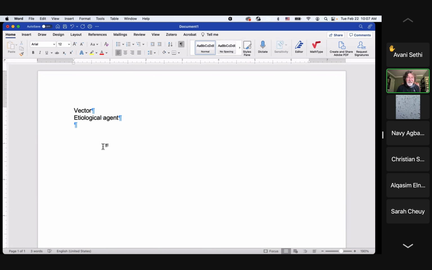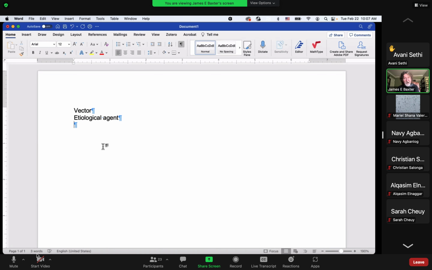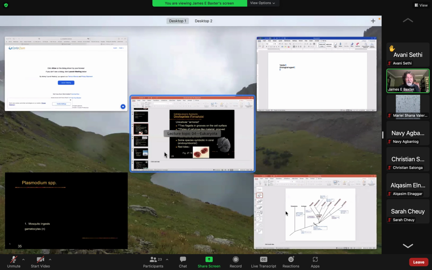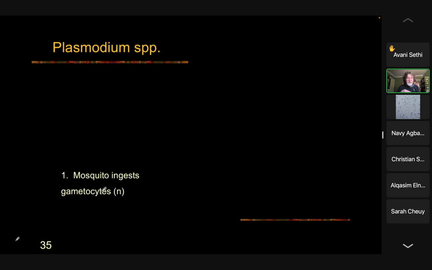It's the one that spreads the disease, but it isn't the cause. Okay, does that make sense? Just like with African sleeping sickness, something I talked about before, the tsetse fly is the vector, whereas the trypanosome is the etiological agent.